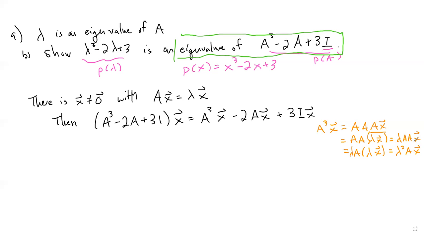And then I can just do this one more time on the Ax, and we get that lambda cubed x. So no matter how many A's I throw against x, they're all just going to turn into lambdas.